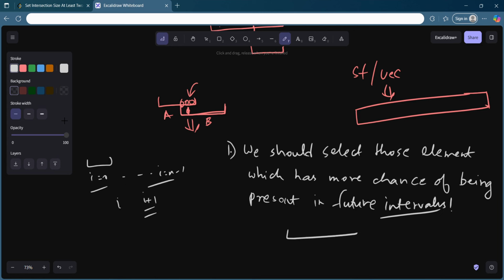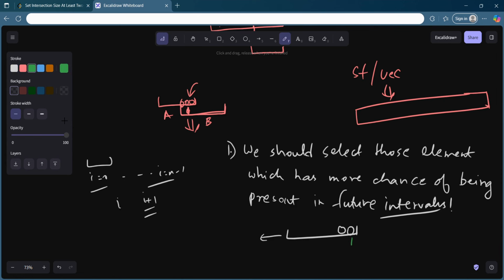Definitely, if you are having an interval, which element should you select? Let's say you have no intervals before this, and you are going to select for the first interval. Which element should you select so that you make sure your selection has more chance of being present in future intervals? Definitely it should be the last 2 elements. You do understand, right?